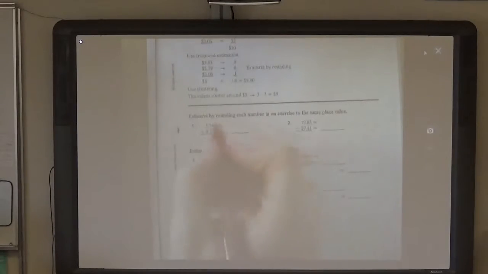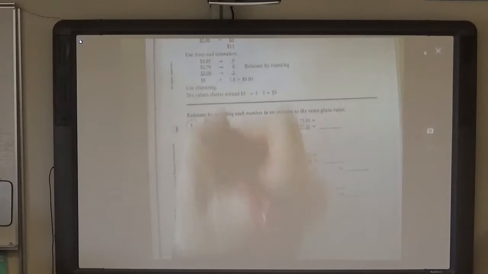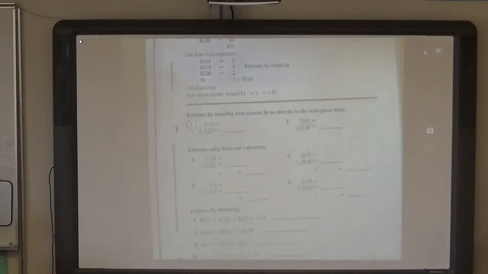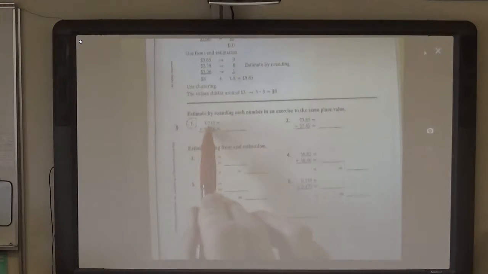When you look at this first number, number 1, 5 and 743 thousandths. Whenever you're reading a number, remember that you read the whole number and then say the place of the last digit. So this is 5 and 743 thousandths.